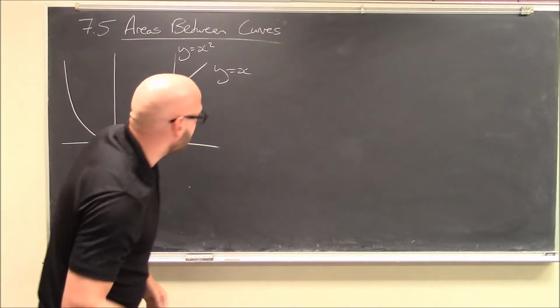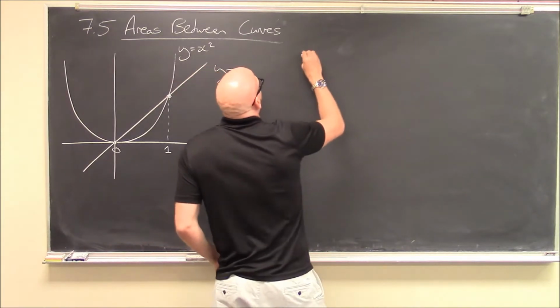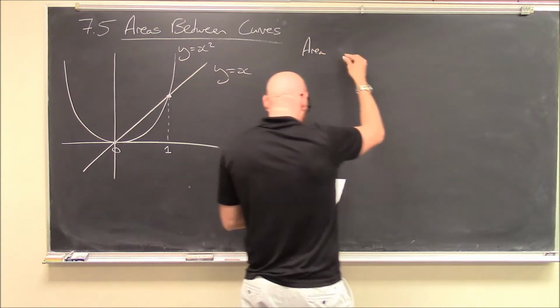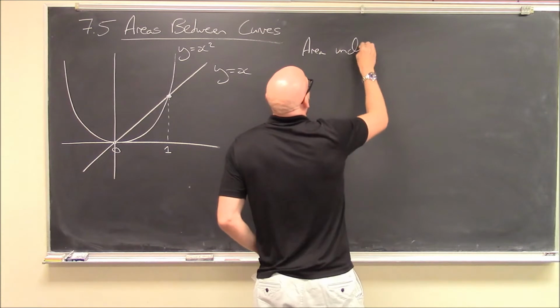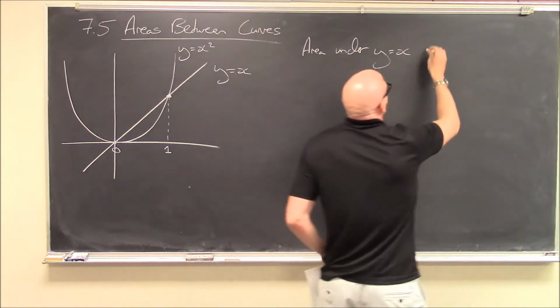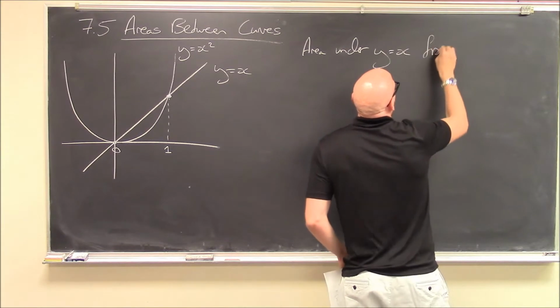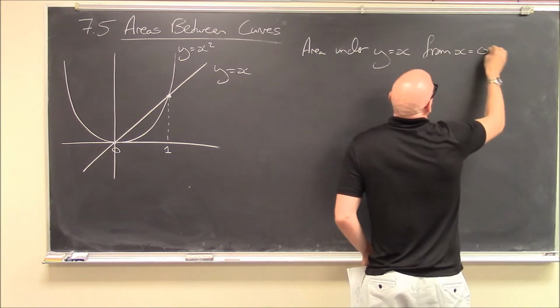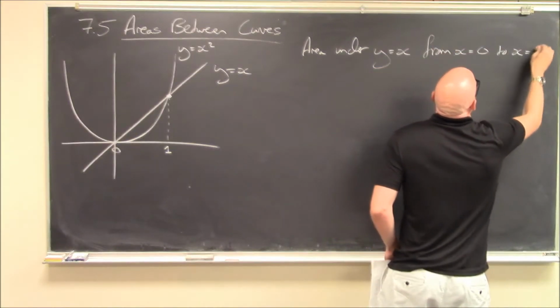So we're going to look at two things here. One is, what's the area under y equals x from x equals 0 to x equals 1?